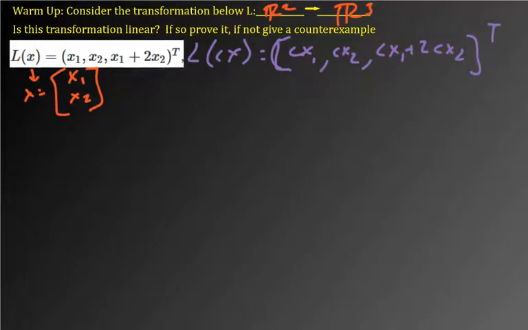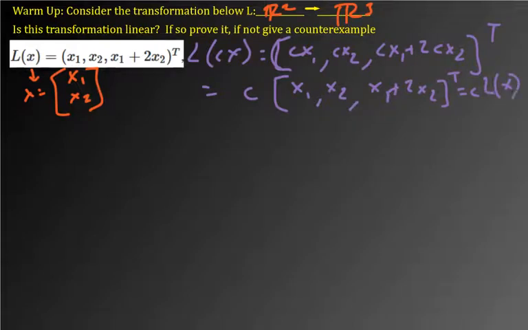And then I could factor a c out of all those, and I get c times the transpose of x1, x2, x1 plus 2x2. And that truly is c times the linear transformation of x. So that basically proves that scalars can pass through this operator, and so we're good with that.